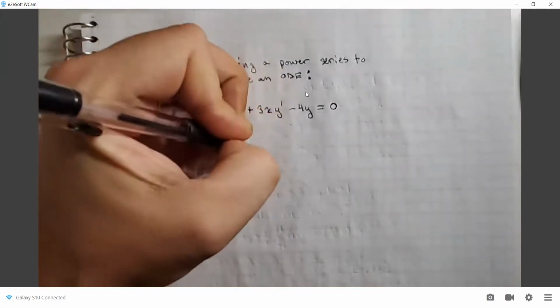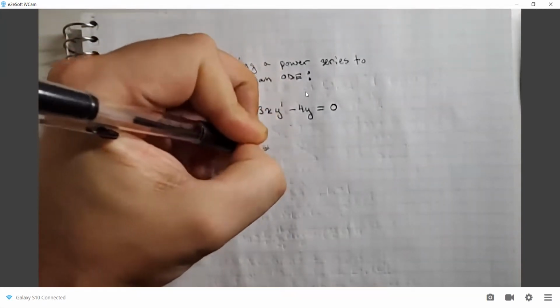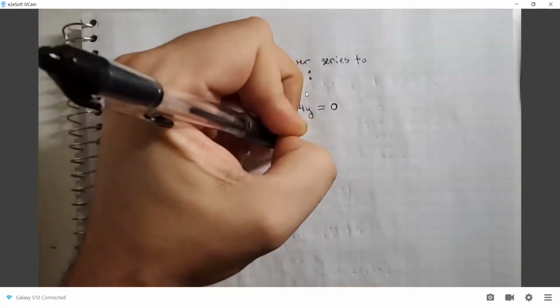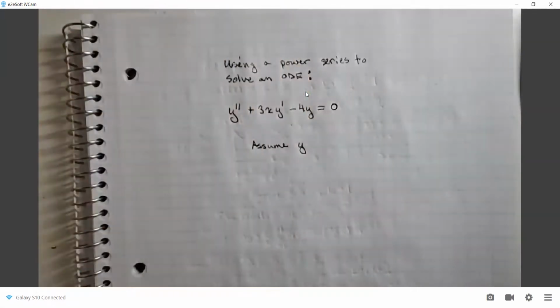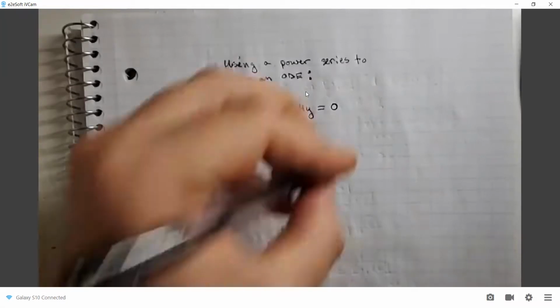So what we're going to do is assume that whatever our y is, it has a power series. So assume that y can be represented by a power series centered at 0.